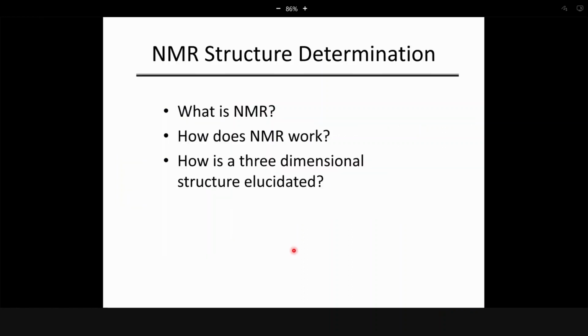So what is the aim of my lecture today? It's trying to explain what the NMR phenomenon is. NMR stands for nuclear magnetic resonance.